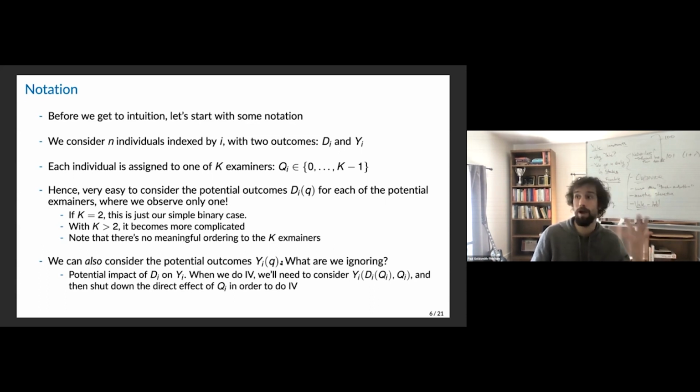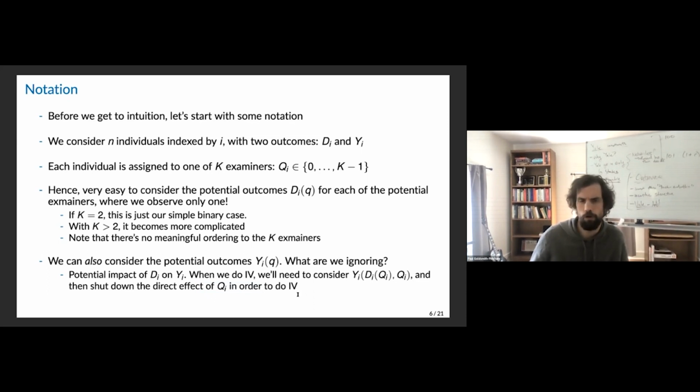So when we want to do IV, we'll need to consider the potential outcome aspect. The issue, of course, is that D_i can have an effect on Y_i, and since D_i is affected by Q, that's the channel that's coming through D_i. But then there's also the direct effect of Q on Y_i. And so in order to do IV and have the exclusion restriction be valid, we have to shut down the direct effect of Q_i.